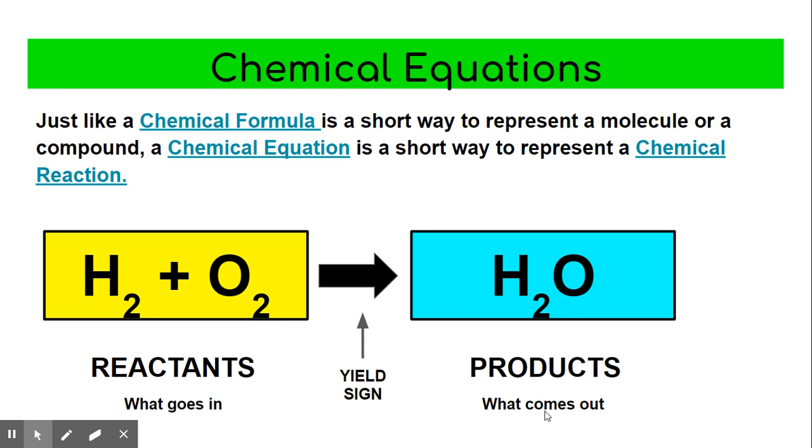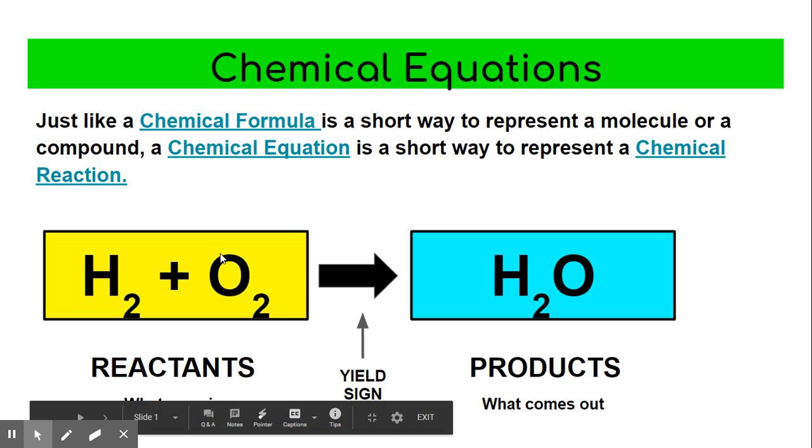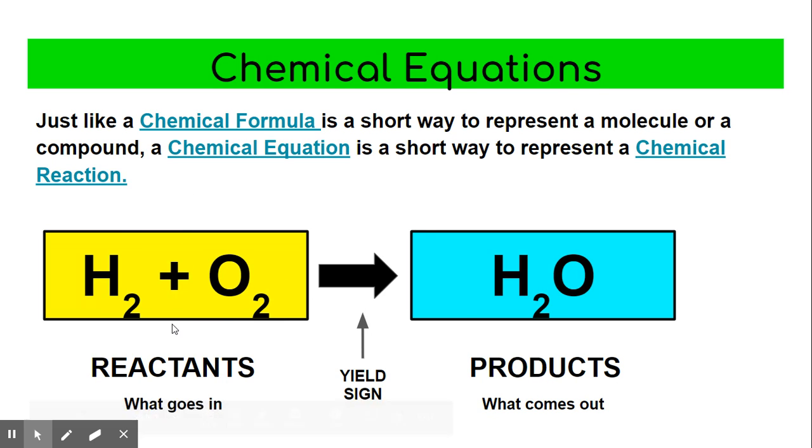When we look at an equation, the left side of the equation is called the reactants. This is what goes in. These are the individual ingredients, just like if you were baking a cake, it would be the eggs, the flour, the sugar.